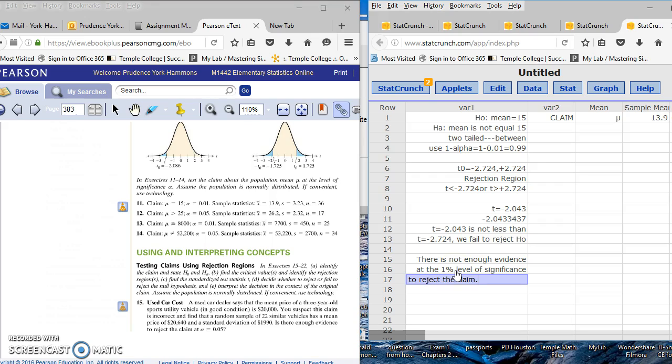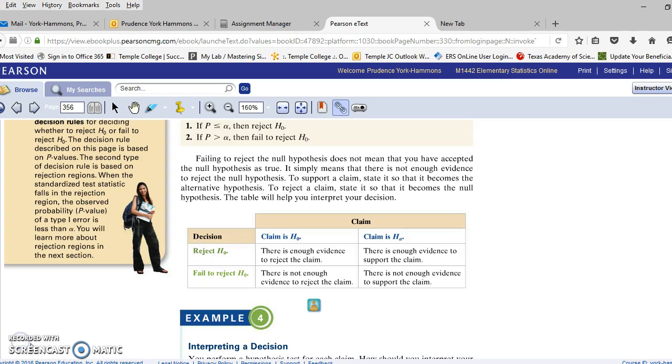Now, you might be wondering where I'm getting the wording for this interpretation or decision about how I'm interpreting the t-test statistic in comparison to the rejection region. And I'm going to show you the page in your book that allows us to see that. So I want to bring your attention to page 356, where we talk about claims and decisions.